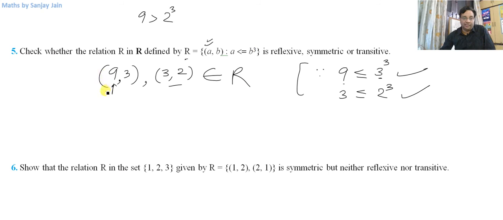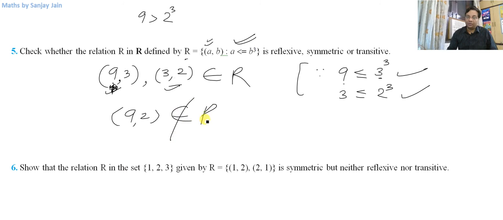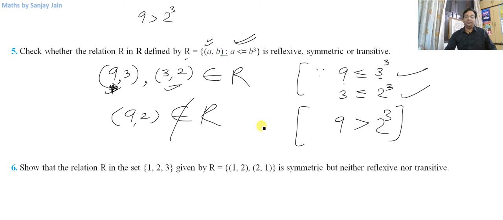So I can say these two ordered pairs are present in this relation R as per this definition. Now I need to prove that it is not transitive, right? So let me check 9 comma 2. It clearly doesn't belong to relation R, because 9 is greater than 2 cubed. I have chosen this in such a way that I can prove it is not transitive.